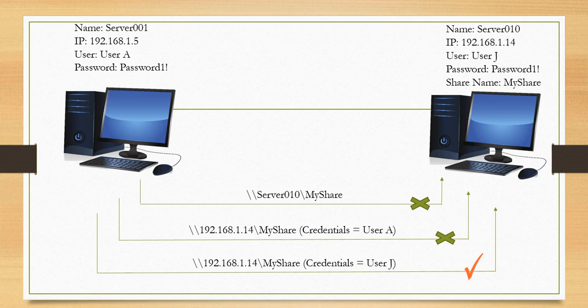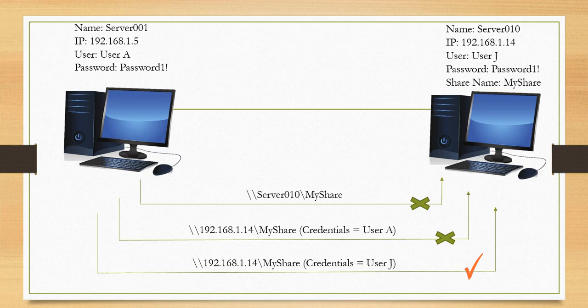And authorization is whether on this particular share which I'm trying to access, I have access rights or not. So it could be a possibility that I have been authenticated, but authorization is denied. The other way around is not possible. You cannot be authorized before getting authenticated.